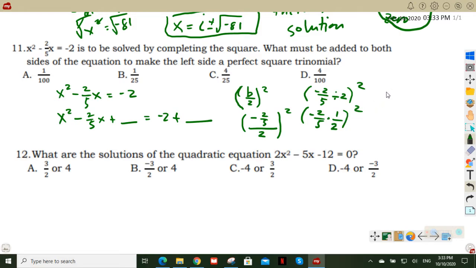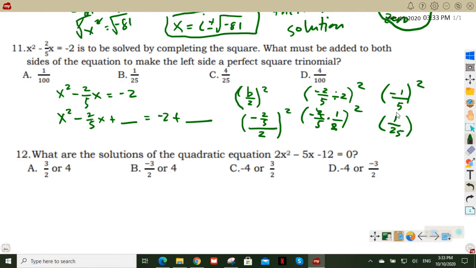Then you have negative 2 times 1, or you can just cancel this. That shortcut method. Negative times 1 is negative 1 over 5. Then squared. So that would be negative 1 squared is 1, 5 squared is 25.